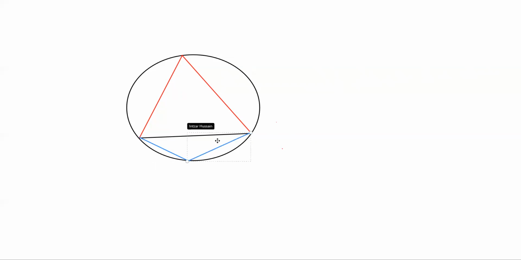And this time we have the center as well. Suppose here is the center of this circle. Now this is A, this is B, this is P, this is Q. If this is the angle X over here, and this is the angle Y.